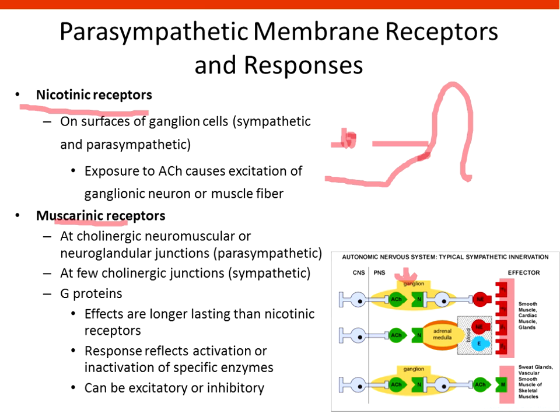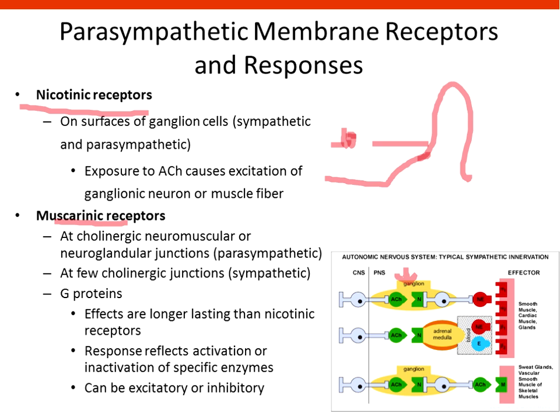And the muscarinic receptor is going to use G proteins, so we'll get into more of that with endocrine. And G proteins are going to have changes in the cell with second messengers, so like cyclic AMP or cyclic GMP.